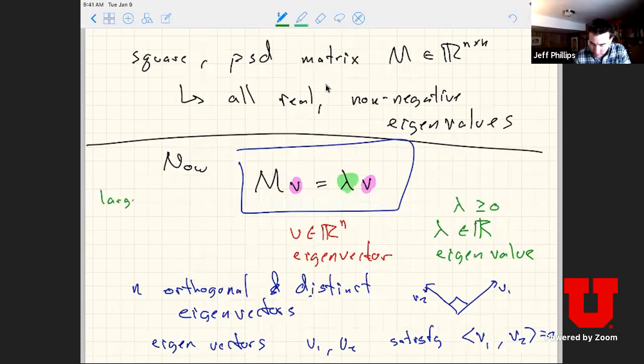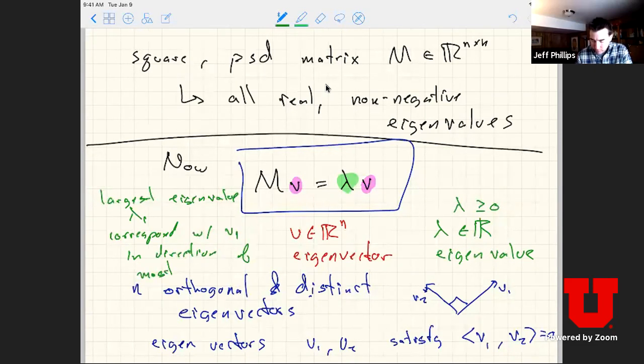So the largest eigenvalue, often called lambda1, corresponds with eigenvector v1 in the direction of most variance in A. In the original matrix, we multiply it by itself to get M. Okay.